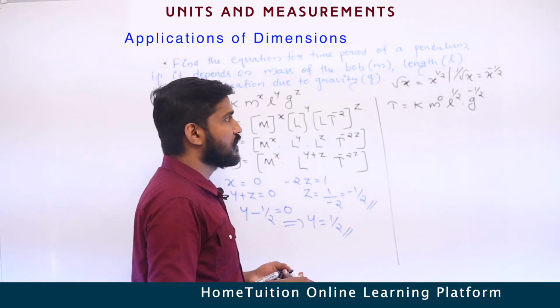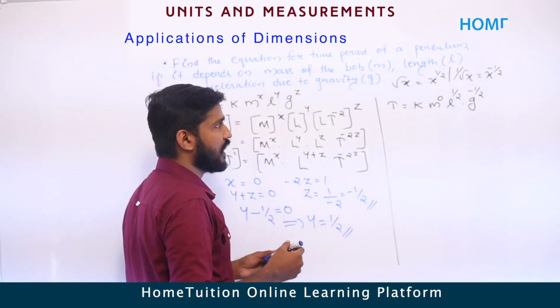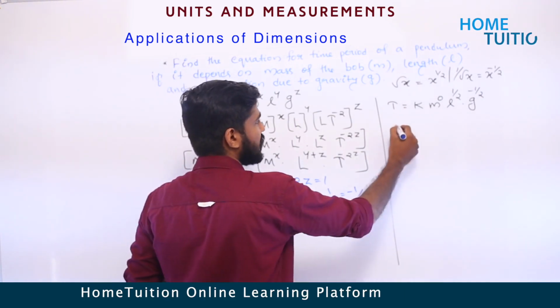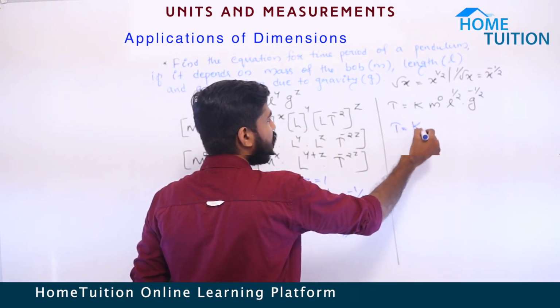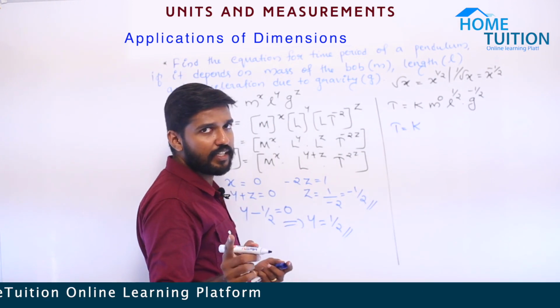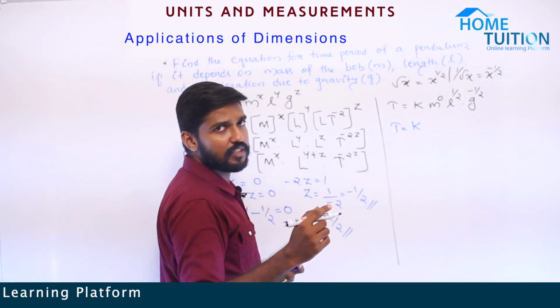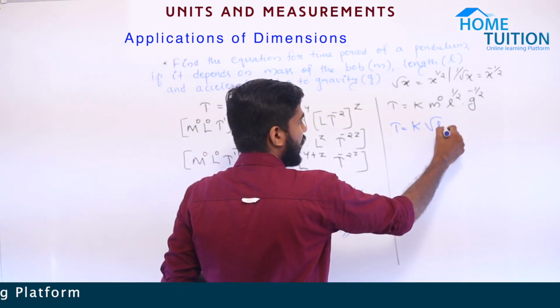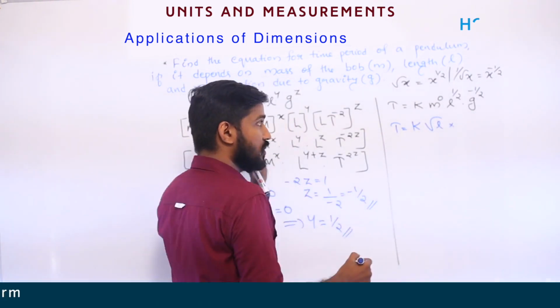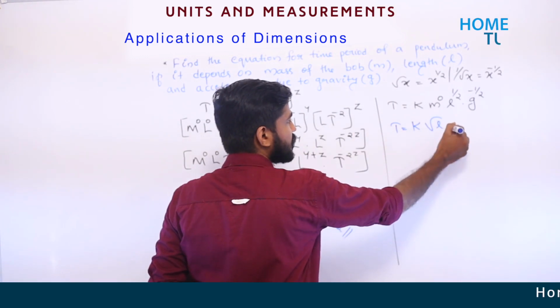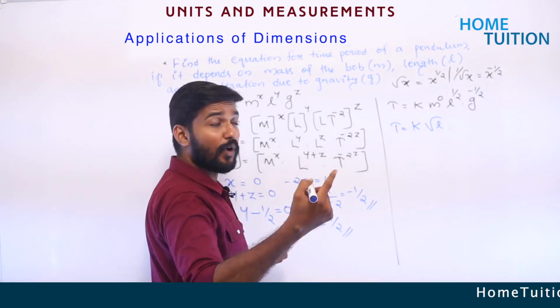You can write that. So we can find the equation like t equal to k into m raised to 0, which is 1, so you don't have to write that 1. L raised to 1 by 2 is root L, and g raised to minus 1 by 2 is 1 by root g.